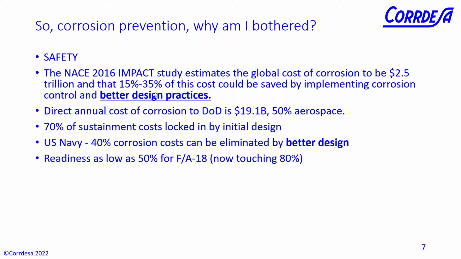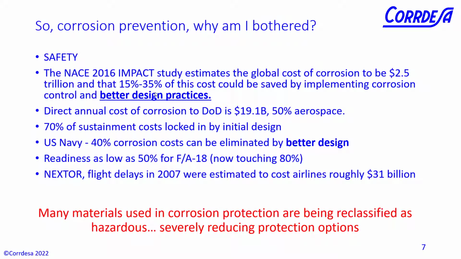For the military, it's important that they keep their platforms and planes out of the maintenance shop, and readiness is a key metric. It was as low as 50% for the FA-18, although they've improved that now. Another takeaway is that on aerospace components, like airframes, you're talking several decades of life. Maybe it's 10, 15 years for an automobile, but on the aerospace side, sustainment becomes a big thing.